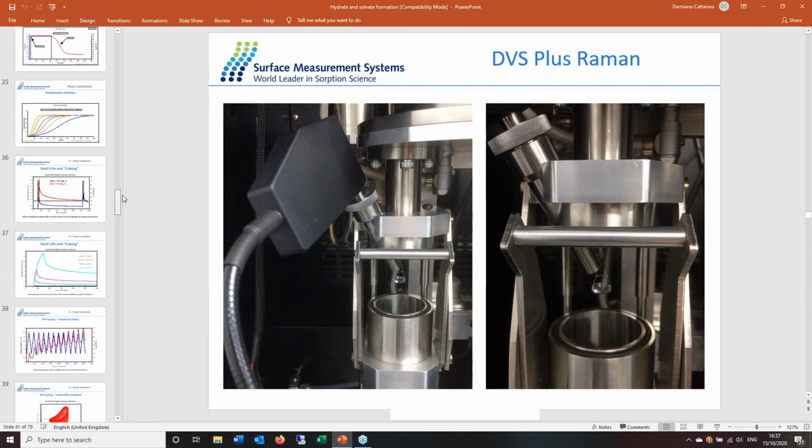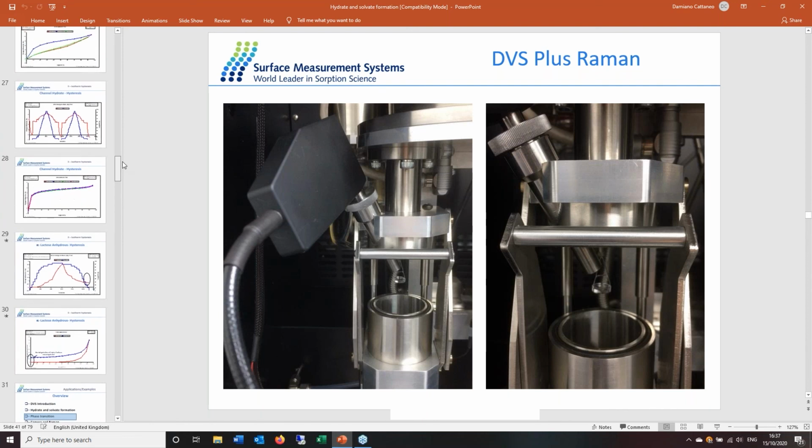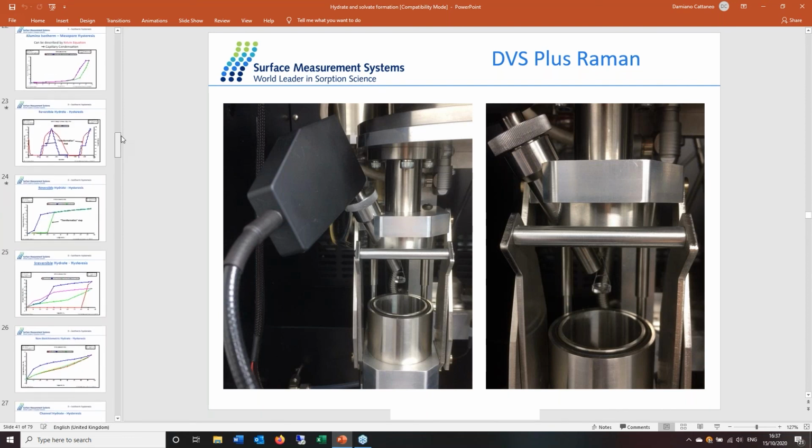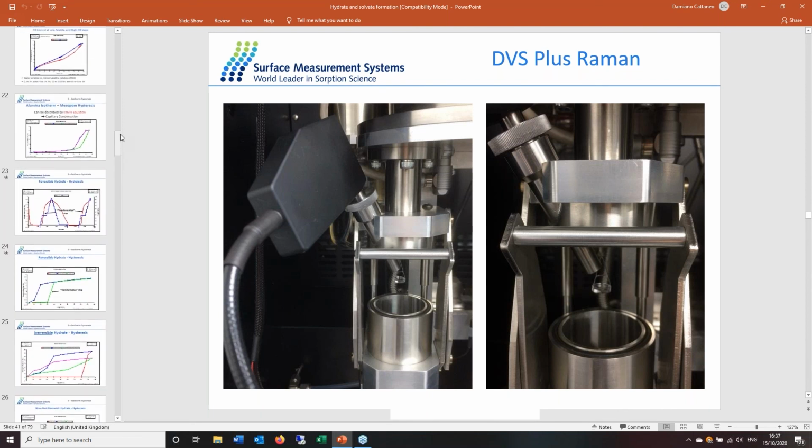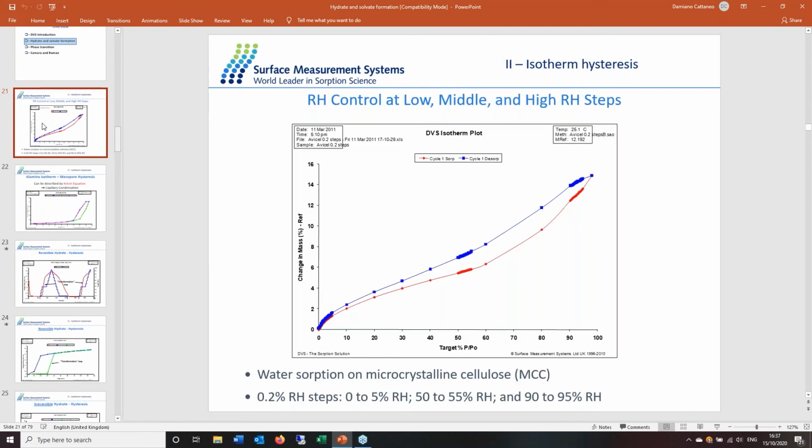one of the things that is peculiar about samples and humidity exposure is the fact that, for example, let's take this example. The sample has a different water content depending if I'm going up in humidity or going down in humidity.